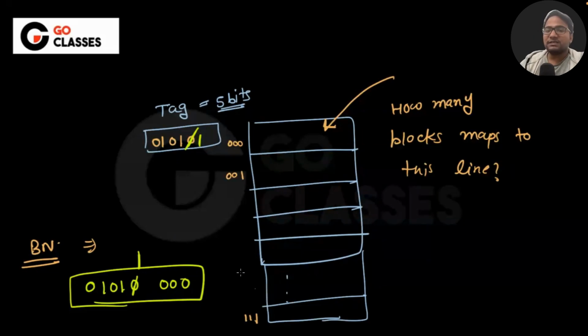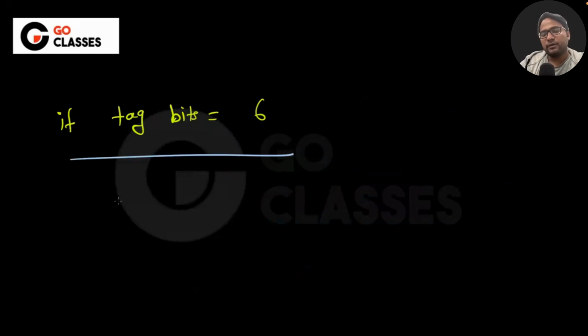So basically, this tag field is telling you how many multiples of your cache memory your main memory is. Which means if the tag bits are, let's suppose, 6, then what can you say?